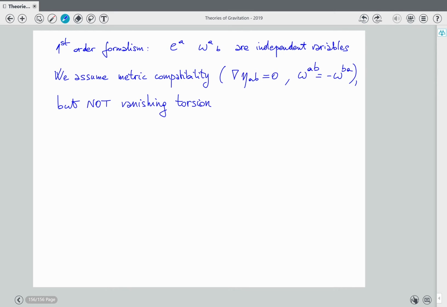Instead, what we do now, for the moment, is to assume metric compatibility but not vanishing torsion, treat E^A and omega^AB as independent variables, perform the variation with respect to both to work out the field equations, show that the field equations of omega can be solved, and they give vanishing torsion. So vanishing torsion comes out of the field equations obtained by varying with respect to omega.